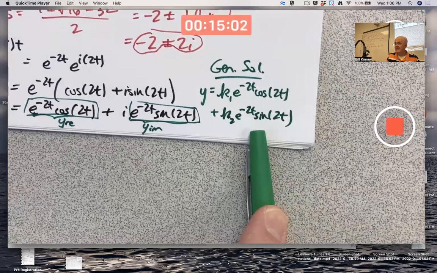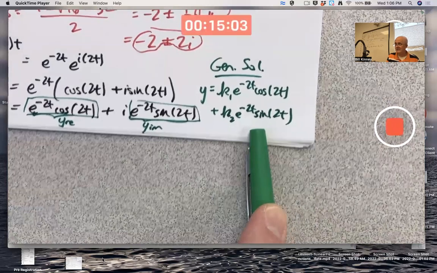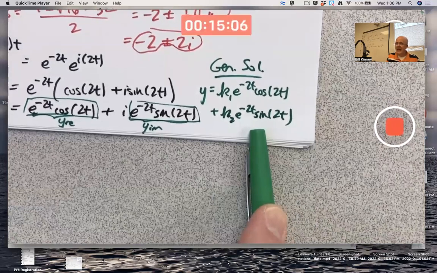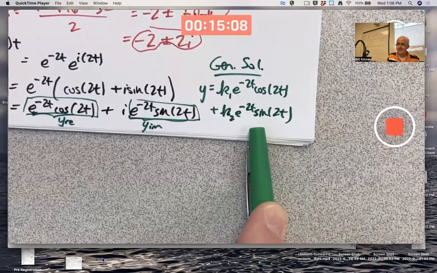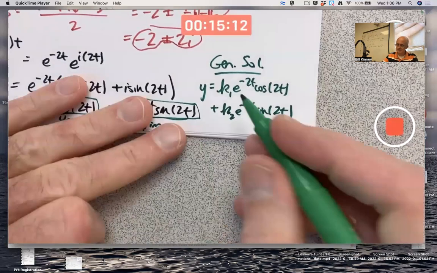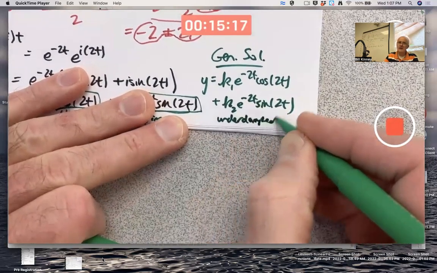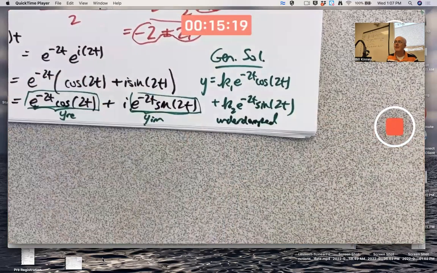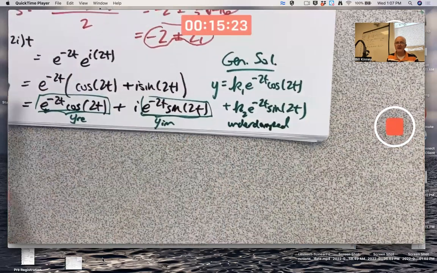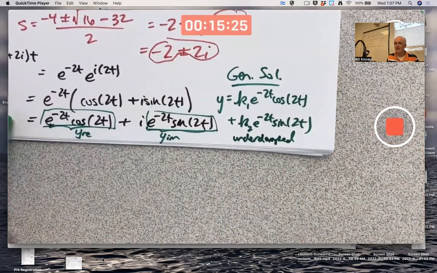Got cosines and sines in there. Oscillation. There's not enough damping to prevent that. That's underdamped. When you have complex number eigenvalues, it's going to be underdamped.